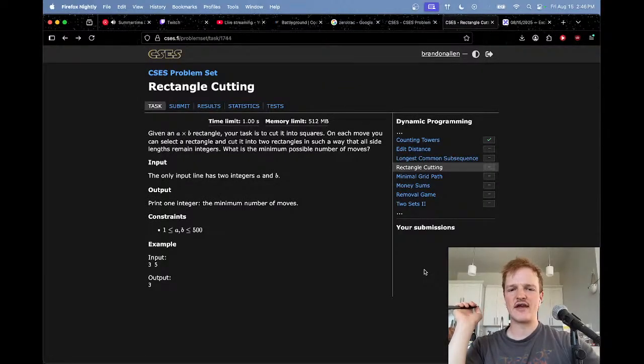Oh, then there's an exact Leetcode problem that's just this, right? Select a rectangle and cut it into two rectangles, in such a way that all side lengths remain integers. Cut must go through the entire shape.